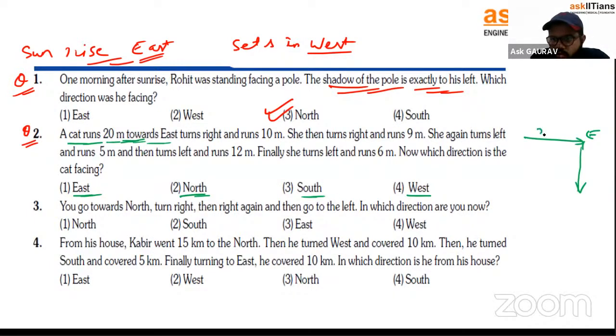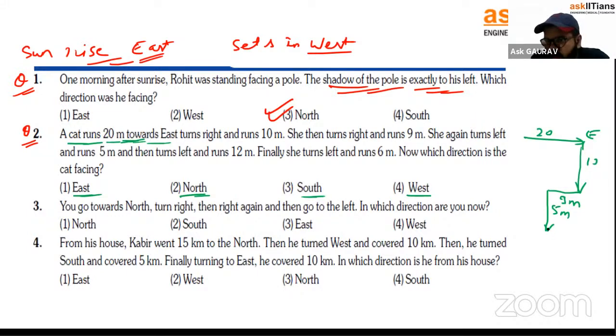Okay, let's say this is 20. This is 10. Again right, 9 meters. She turns left now and runs 5 meters. Then she turns left and runs 12 meters.